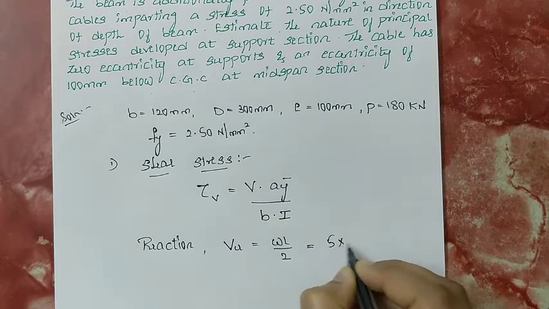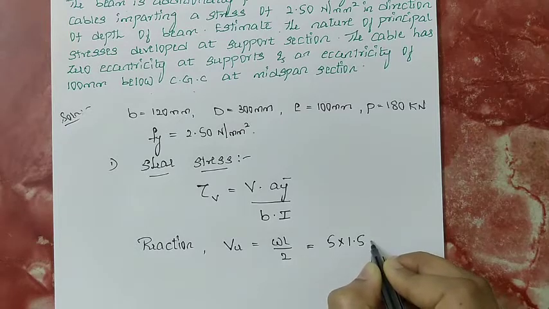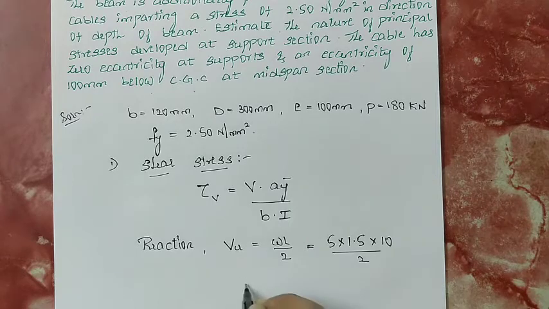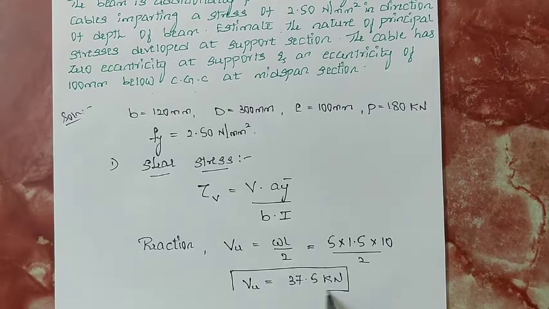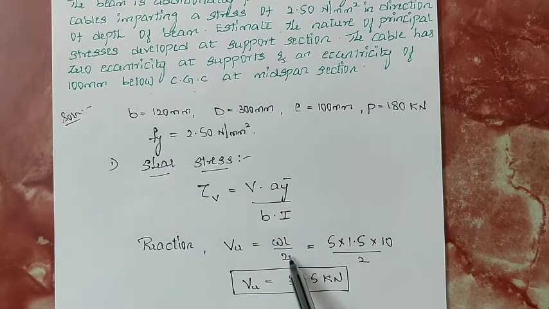It is 5 into, to convert that into ultimate, multiplied by 1.5 multiplied by length it is 10 divided by 2. Okay, upon simplification you will get it VU as 37.5 kN. Shear force is what? The vertical force. Vertical force is nothing but the reaction. Okay, the reaction value, if a beam carrying UDL, it is given by WL by 2.